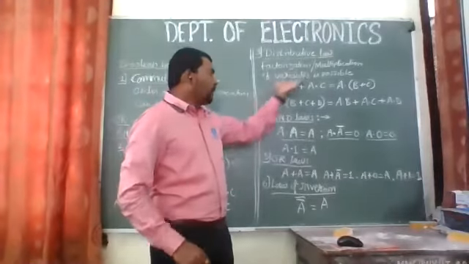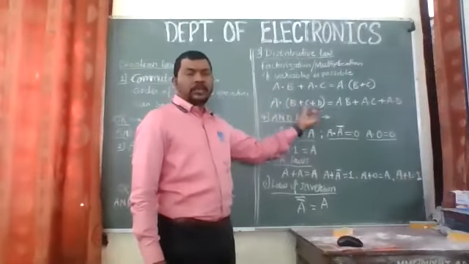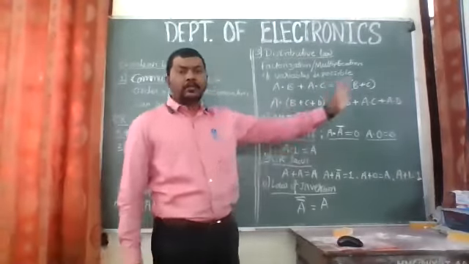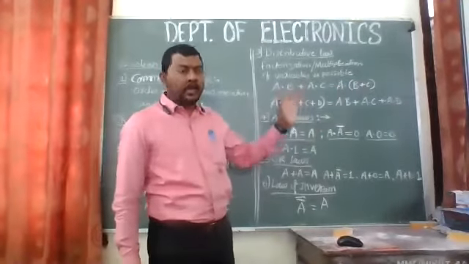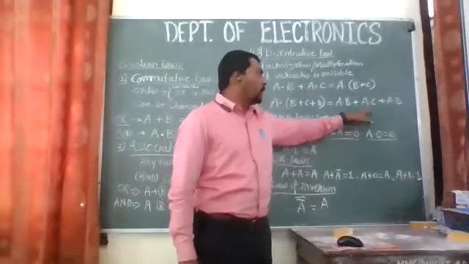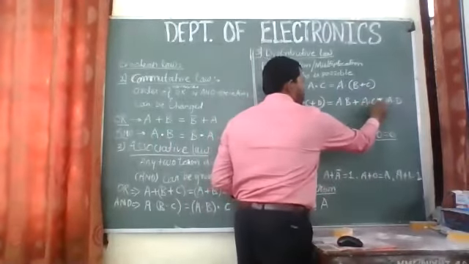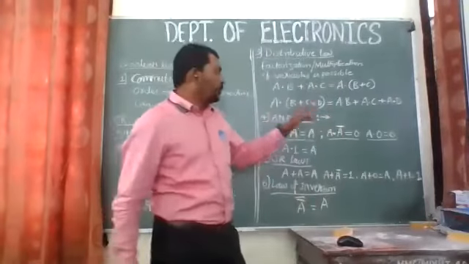Then multiplication means we have an equation like A dot B plus C plus D in the bracket. This A variable can be multiplied through the whole bracket and through all the variables, and the equation can be formed like A dot B plus A dot C plus A dot D. I guess dots are not visible on the screen.